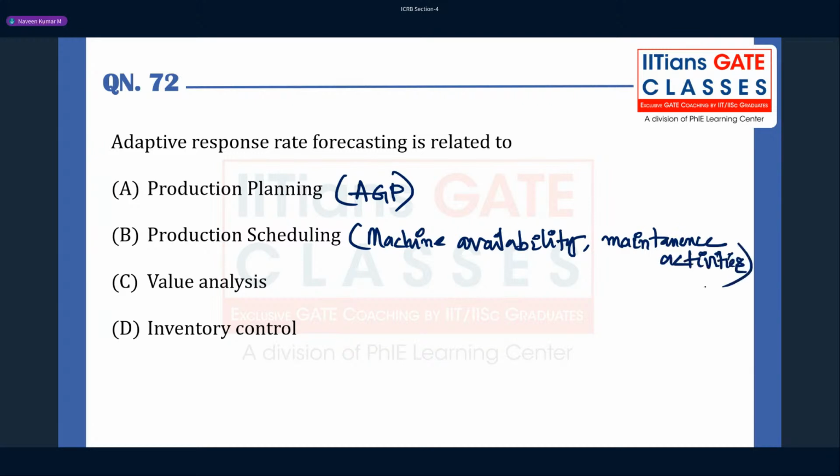It doesn't have any adaptive response forecasting, rate forecasting, right? Value analysis we have already discussed. It's to get good value for minimum cost. This we have discussed in the previous question, right? So it doesn't have any rate of.